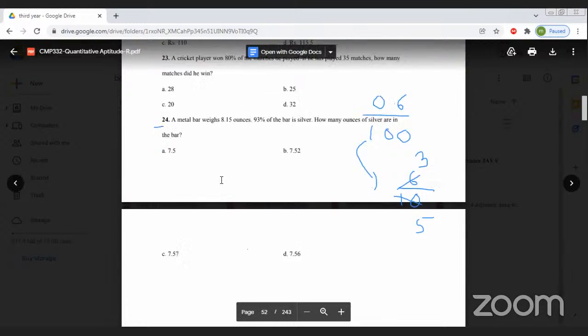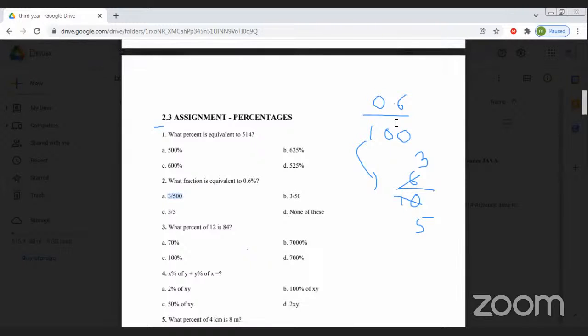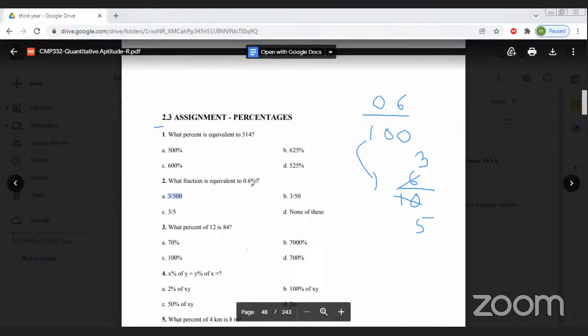Second, 3 upon 500. Correct? Now see, we forgot about it. That's why I have taken this example. Here we are having 0.6%, right? So what you need to do to get the answer 3 by 500? Now look over here.